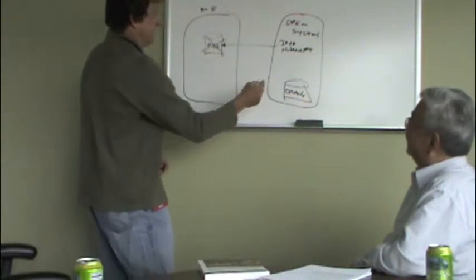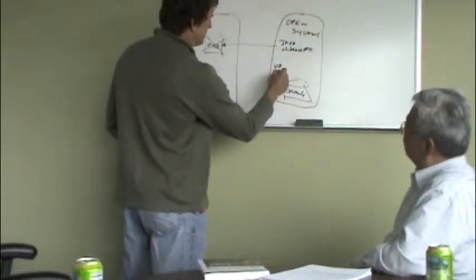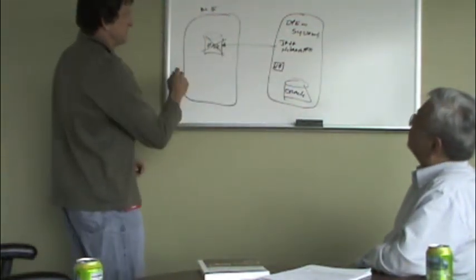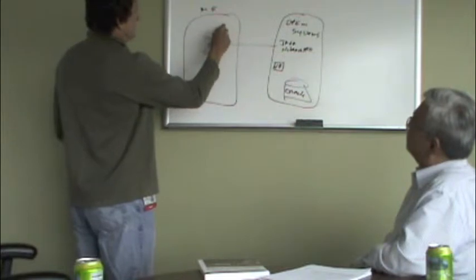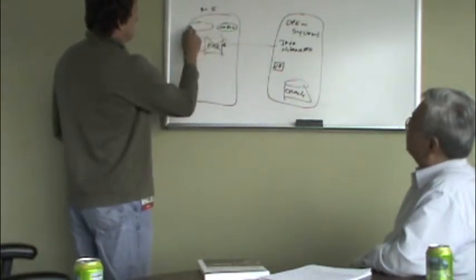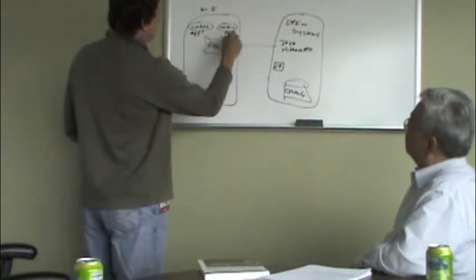Problem is that you have a VB app that's on open systems right now. You have two COBOL apps. This is part of app 1. This is part of app 2.